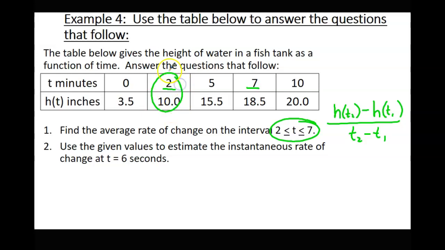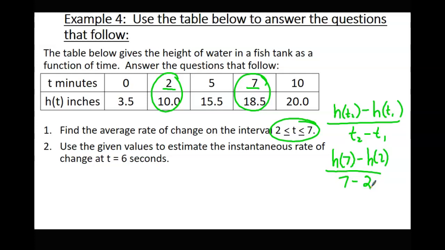So we're using these two data points to find our average rate of change. Okay, so we're looking for h of 7, sorry about that, h of 7 is our t2 minus h of 2. That's our t1. And t2 minus t1 is 7 minus 2.